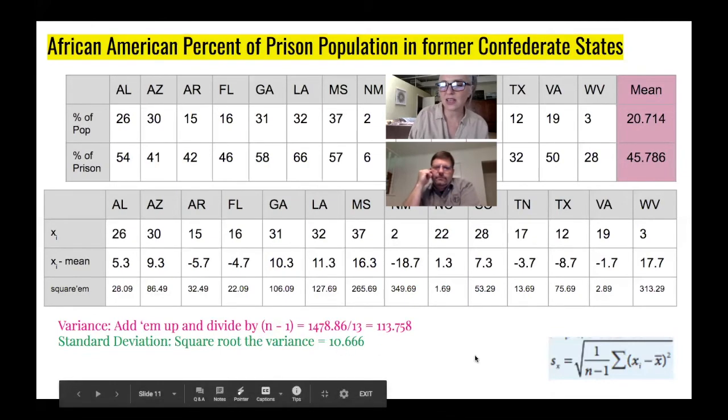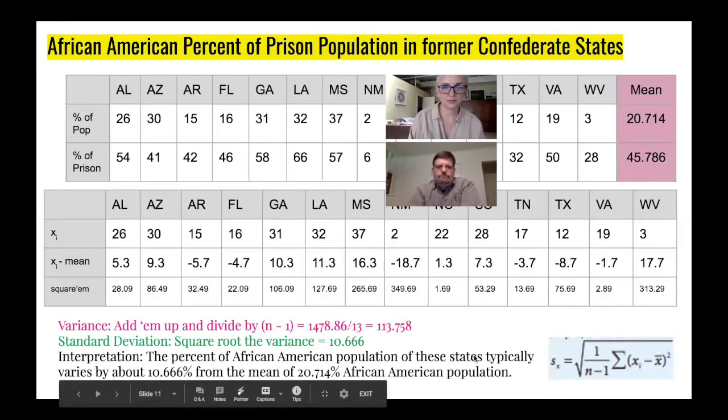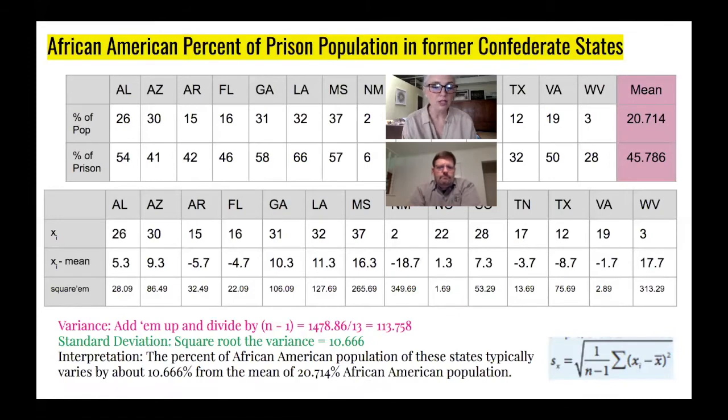So what does 10.7 mean? How do I interpret that? The percent of African American population of these states typically varies by about 10.666% from the mean of 20.714% African American population.